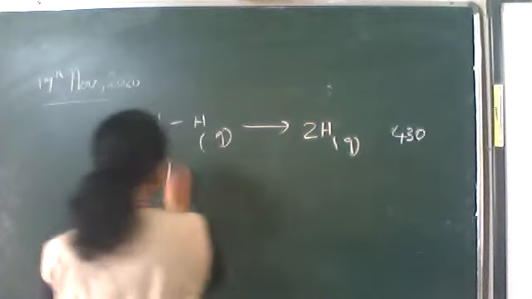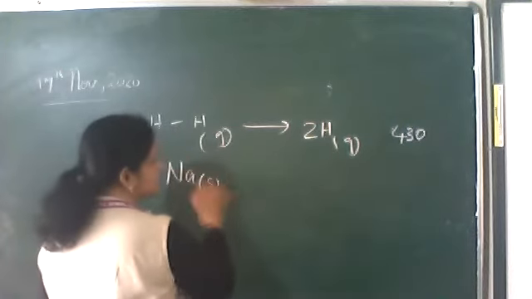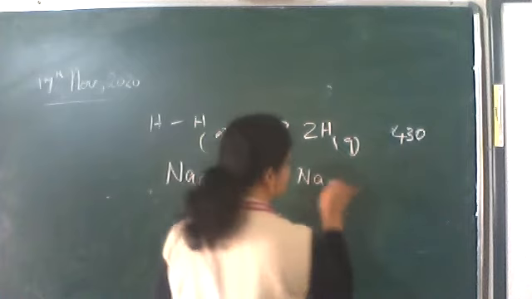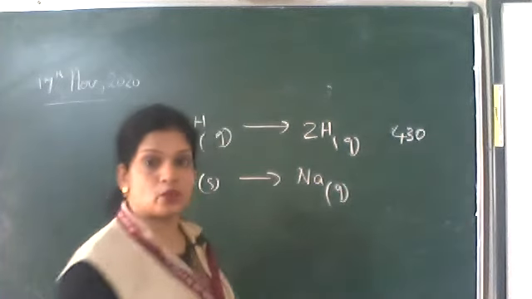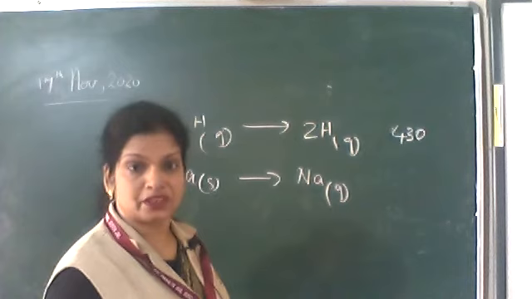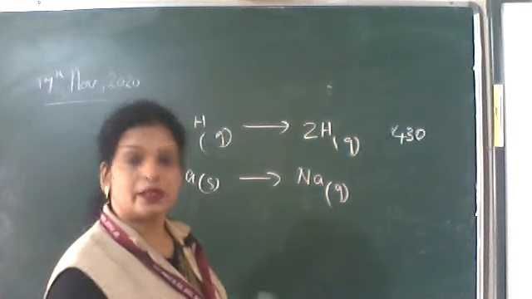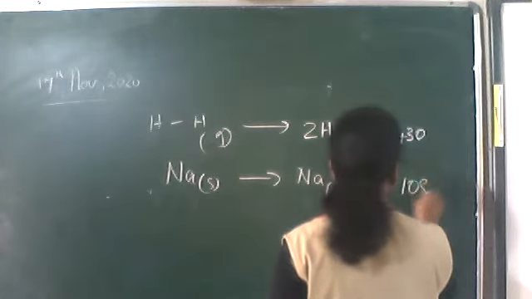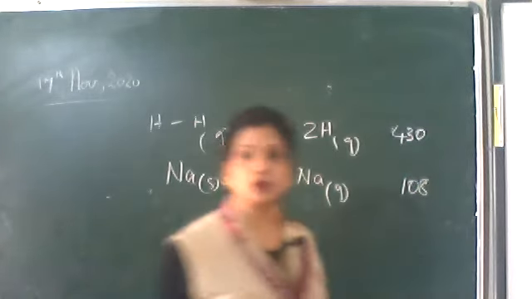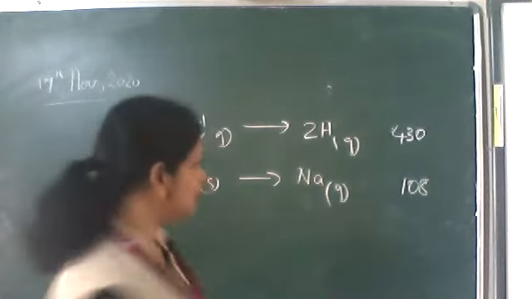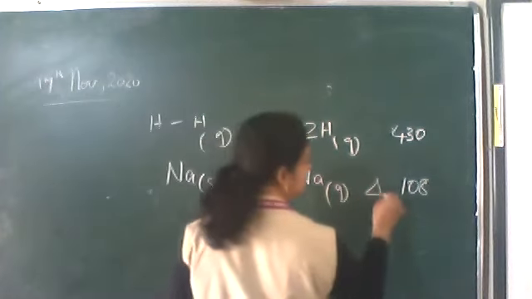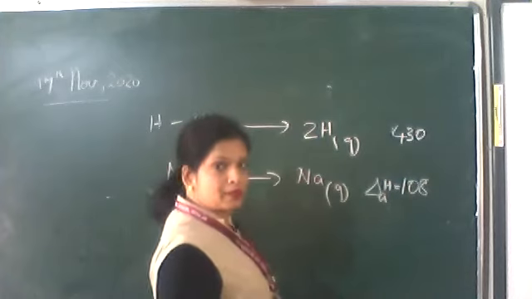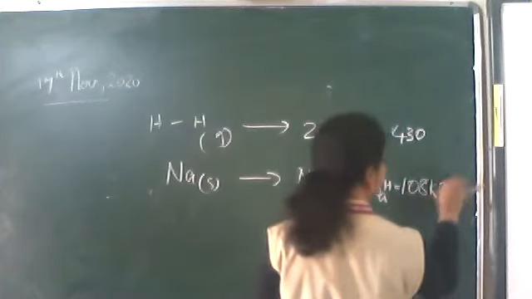If it is metallic sodium, sodium in the solid state, changing to sodium atoms in the gaseous state, how much amount of energy is required? That is called enthalpy of atomization. Here from solid to gas means it is sublimation, that is 108 kilojoules per mole. So here we are writing it as delta H atomization. It is again sublimation, this much kilojoules per mole.